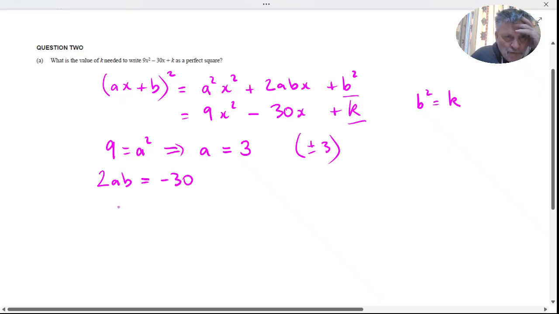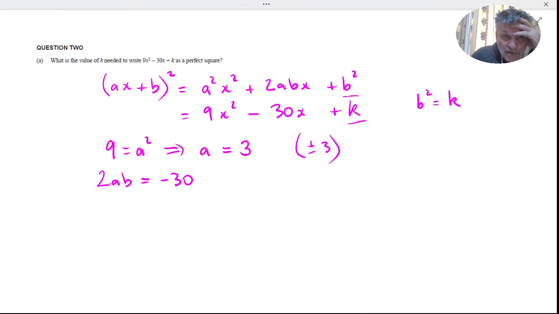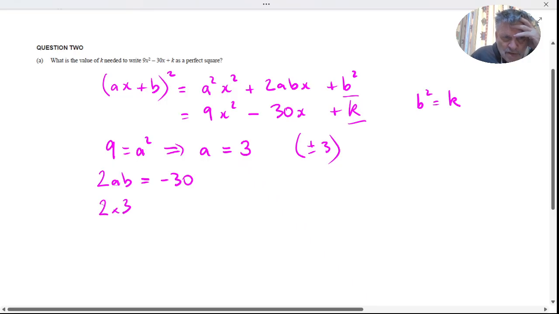So divide by 2 and divide by 3. 2 threes are 6. So write it as 2 times 3b equals minus 30. Divide by 6, b is equal to minus 5.